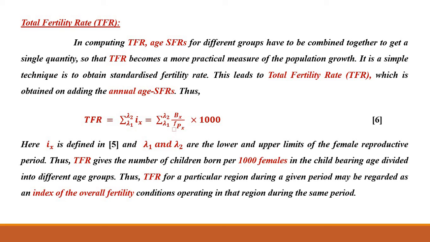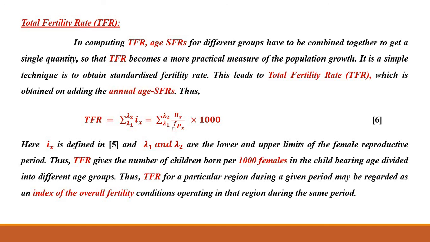Thus, TFR is equal to the summation from lambda 1 to lambda 2 of Ix, or it is equal to the summation from lambda 1 to lambda 2 of Bx by FPx, into 1000. Here Ix is defined already, and lambda 1 and lambda 2 are the lower and upper limits of the female reproductive period.